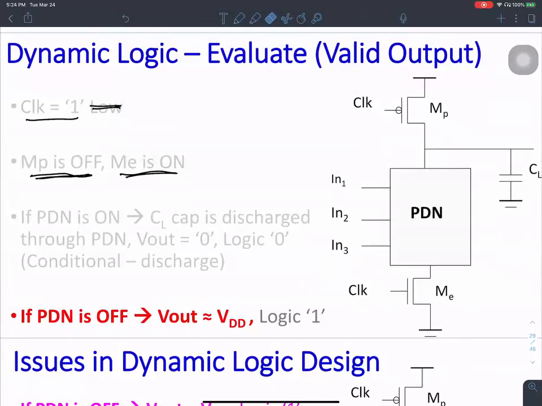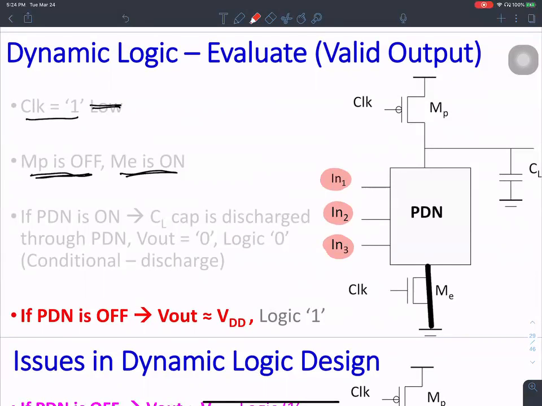This guy is going to be on, and based on if this switch is on or not, the output is going to be either logic 1 or logic 0. That is when the logic inputs that are applied evaluate the circuit.